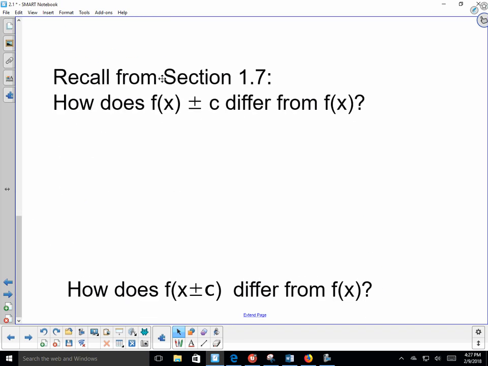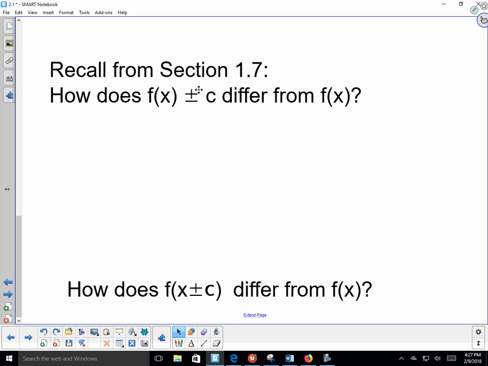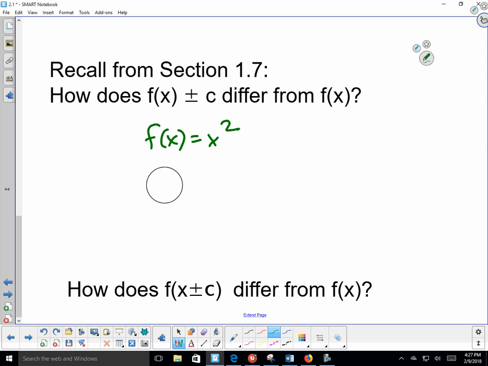Okay, so if you recall from our work with transformations, if you add a number or subtract a number to a function, what happens? Well, for example, if I have f of x equaling x squared as my parent function, how is the graph of g of x, if g of x is, let's say, x squared minus 2, going to look different than the parent function?